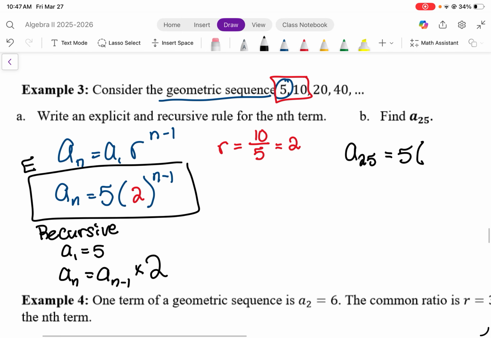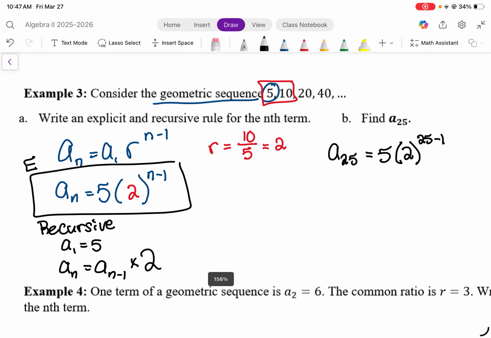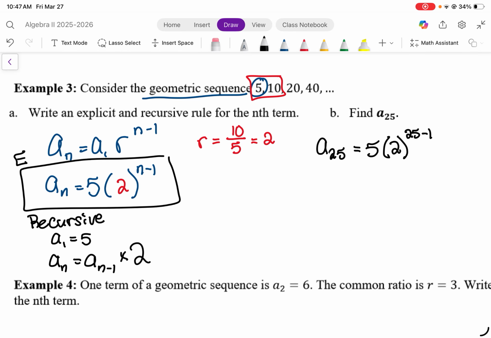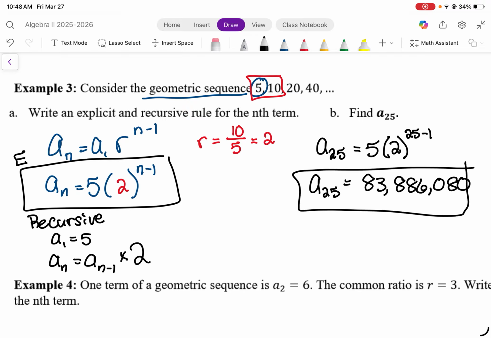So we'll have 5 times 2 to the power of 25 minus 1. Now that exponent's pretty big, so our answer is also going to be pretty big. And when you type it in, you should get 83,886,080 for your answer. So make sure you are practicing typing these into your calculator so that you are getting the correct answers when you are on the test.